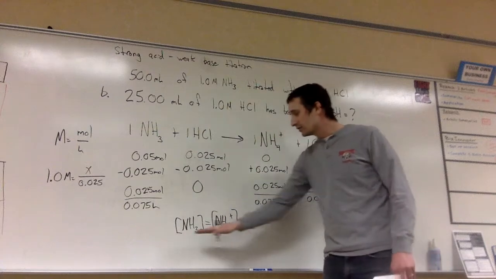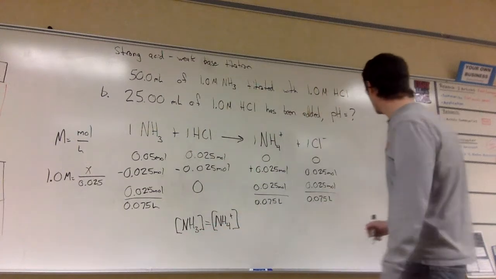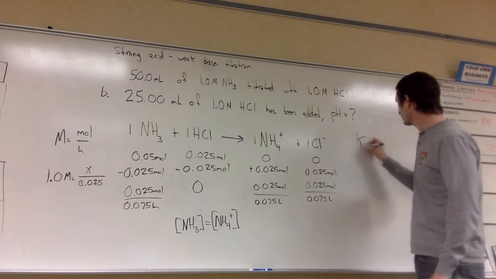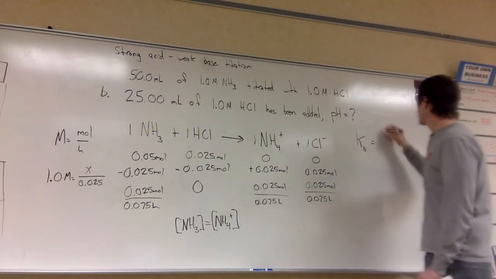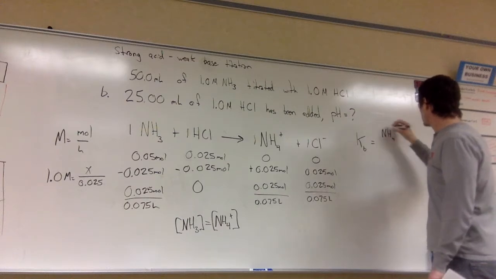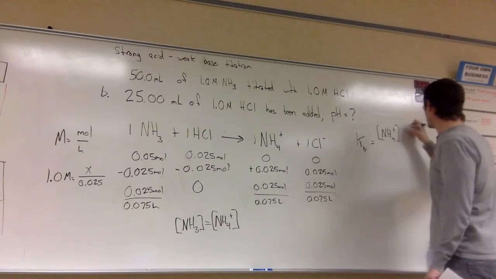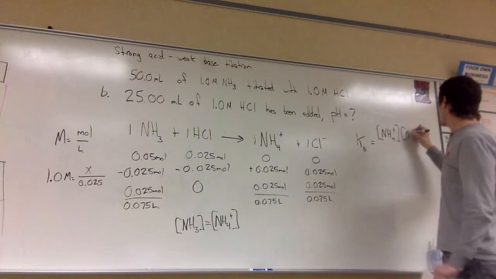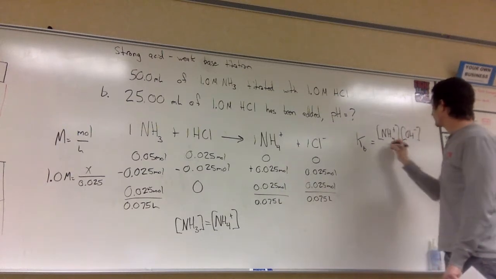The fact that those two concentrations are equal becomes important because if I look back to my Kb expression, I have NH3 and NH4 in my Kb expression such that those two quantities cancel each other out.